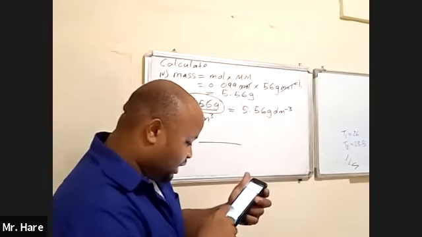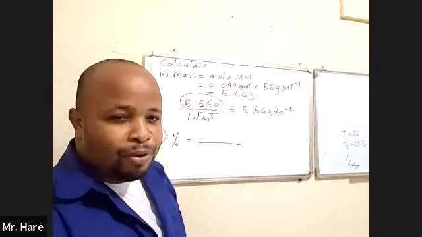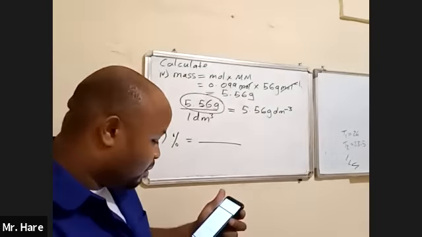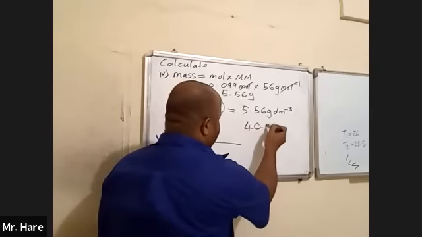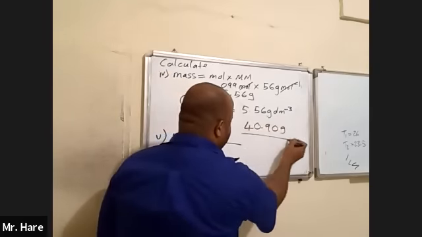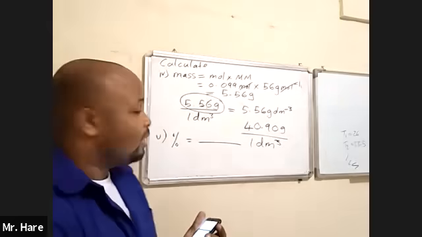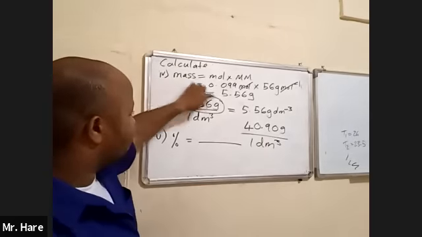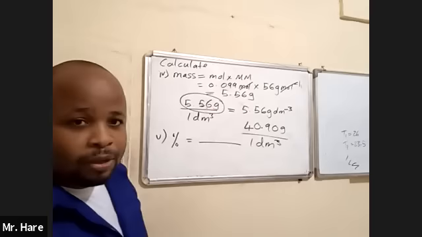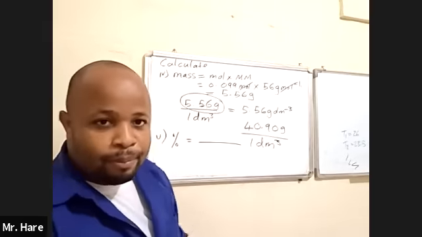So when they say the mass concentration of M is 40.90 grams per dm cube, don't really pay attention to the dm cube. They are telling us that we have 40.90 grams in one dm cube. So in one dm cube, we have 5.56 gram of Fe2 plus and 40.90 gram of M.